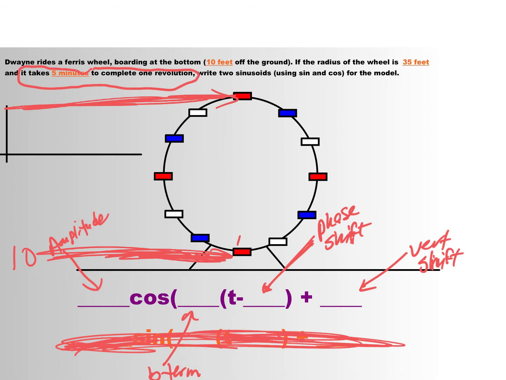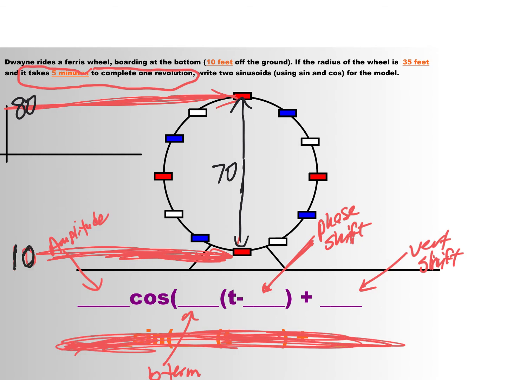Yes? The radius of the Ferris wheel. Very good. So therefore that's 35, and so is that. And that makes the total distance there what? 70. Add it to the 10, and the highest spot you have is 80. Very good. So 10's the lowest, 80's the highest.